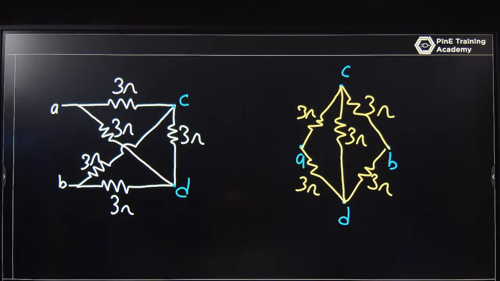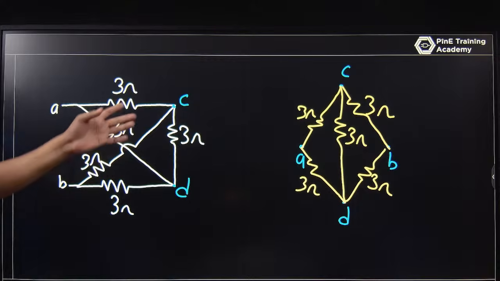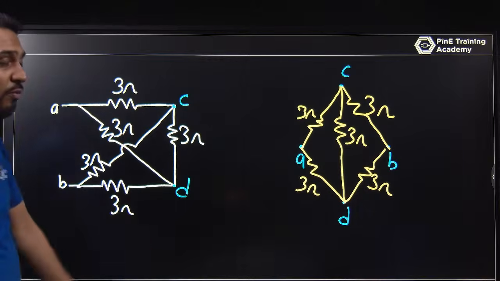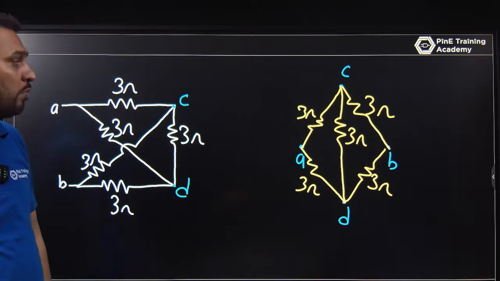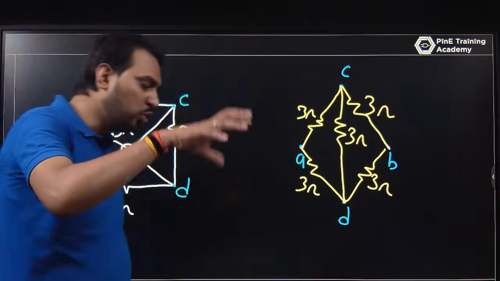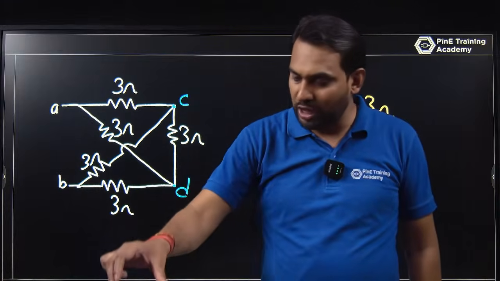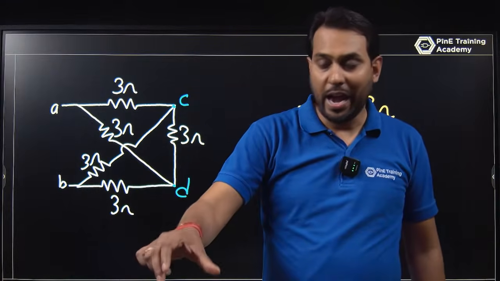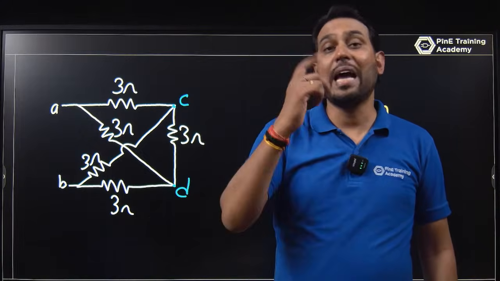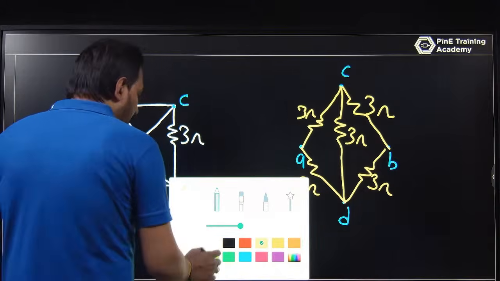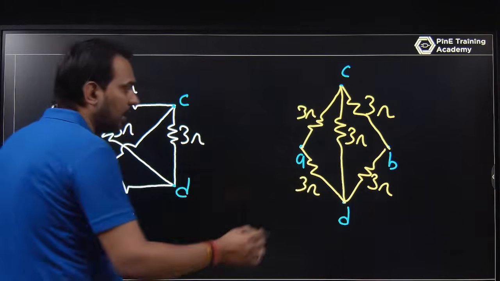If you know the balanced Wheatstone bridge, you can solve it in one line. What is the meaning of a balanced Wheatstone bridge? In ninth class, you used a potential divider, and you adjusted one value and found the unknown value with the help of a galvanometer.